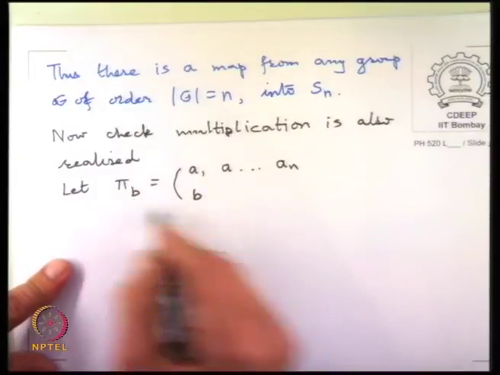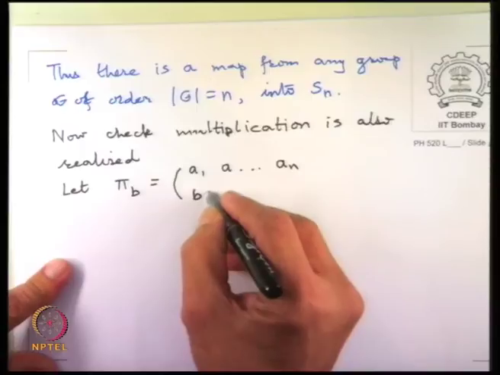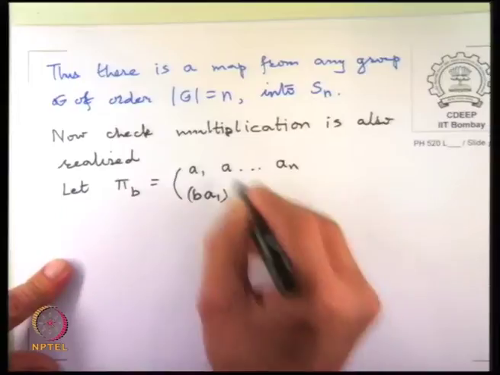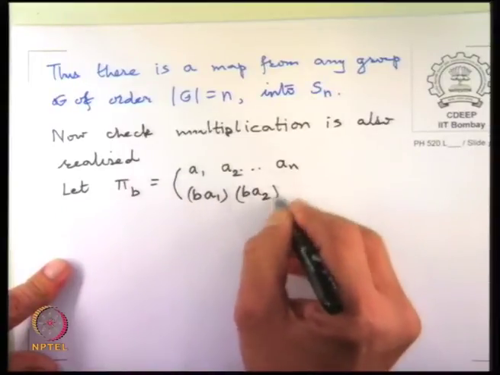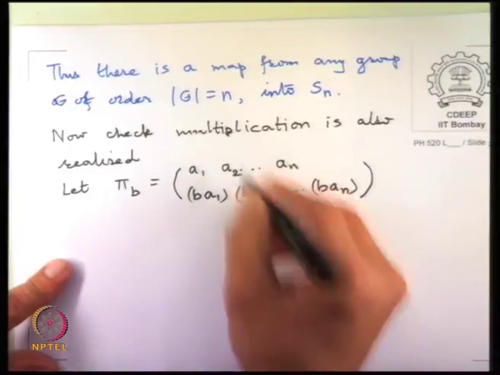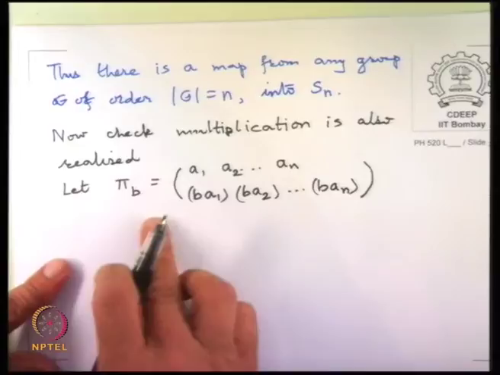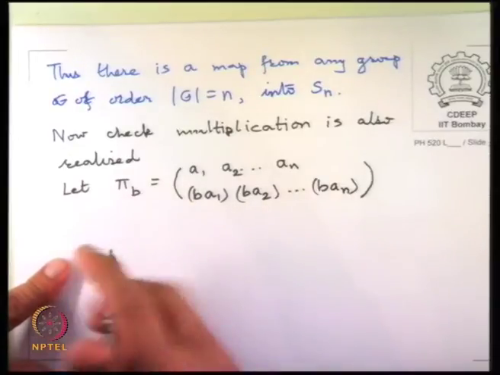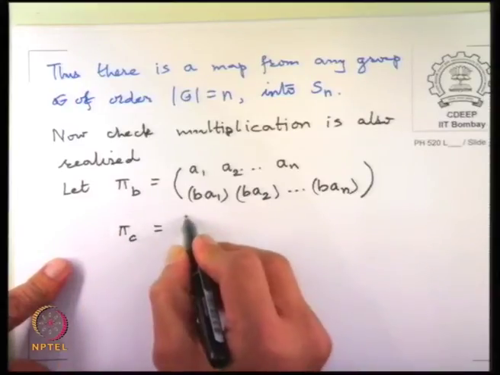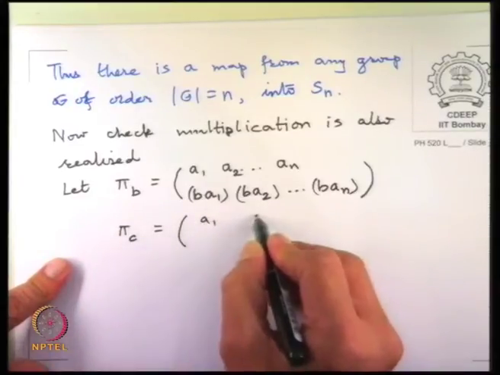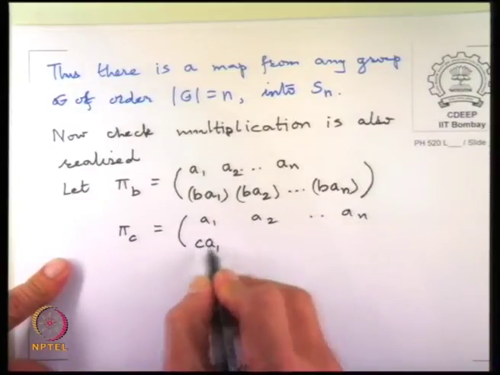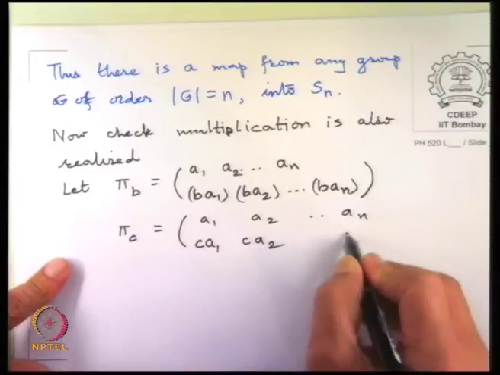Obviously, pi b is realized by whatever is the effect of b on A1, whatever is the effect of b on A2, etc. So this representation gives you how pi b is represented as a permutation, and let pi c be equal to A1, A2 dot dot An with CA1, CA2, CAn.